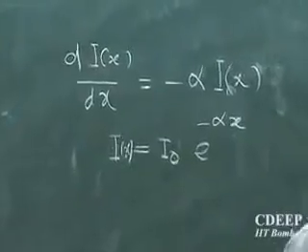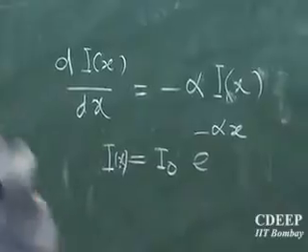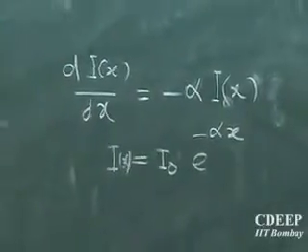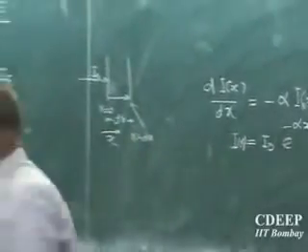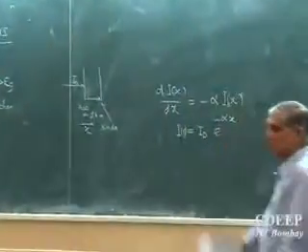The boundary condition is that at x equal to 0, I is I0, and at x equal to infinity, how much is the intensity? The material is very thick, so all the intensity will go to 0, which is also obviously seen from the expression.